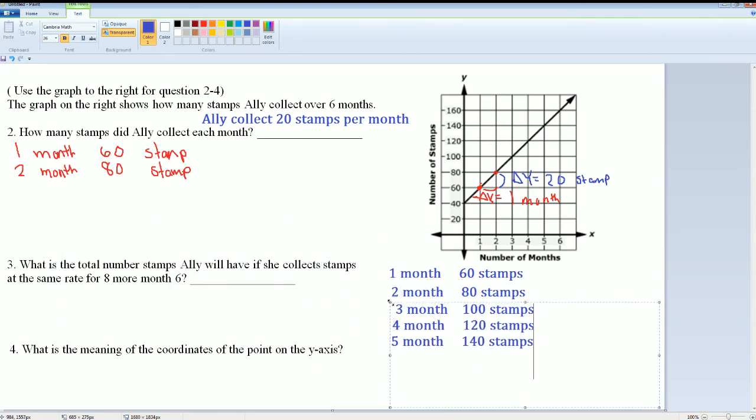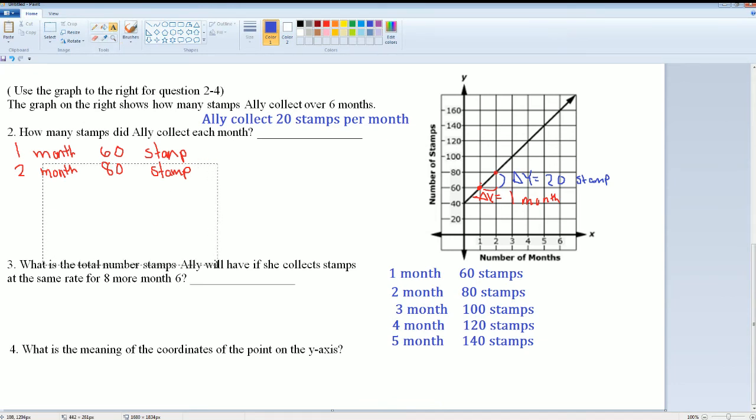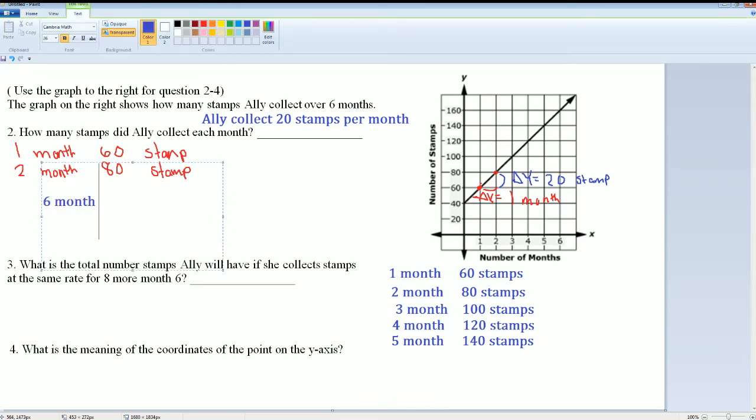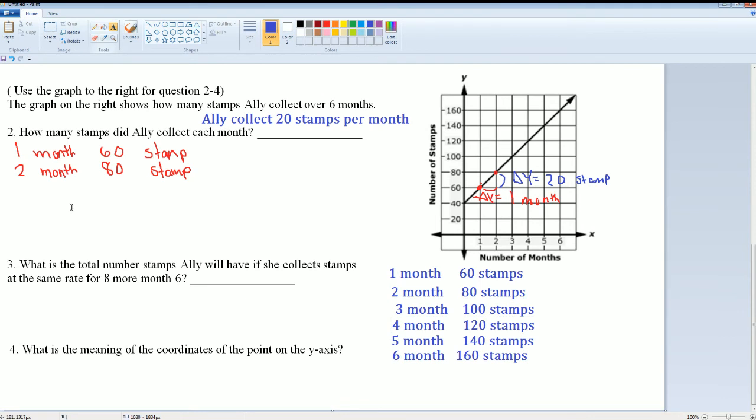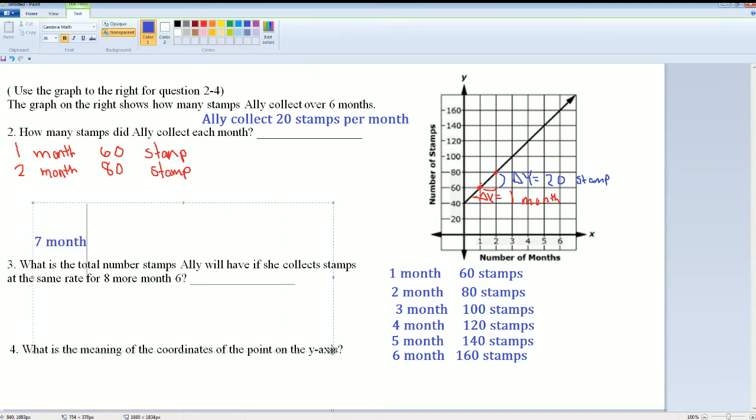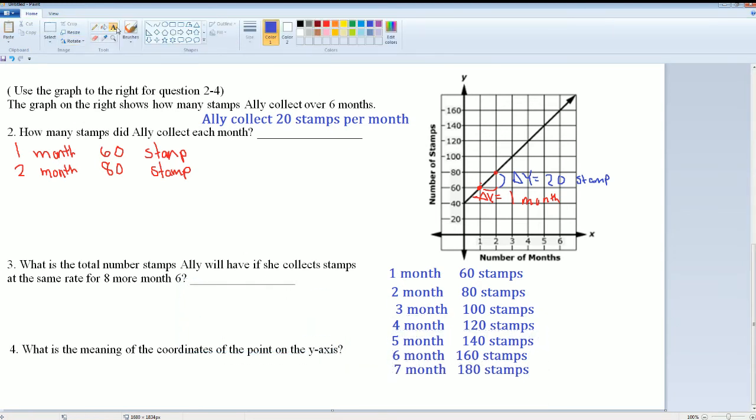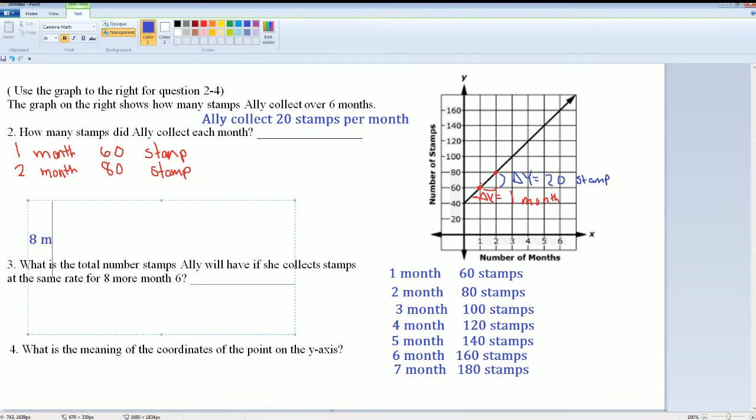Then 6 months, she went to 160 stamps. Seven months, she went to 180 stamps. And the last one, 8 months, she went to a total of 200 stamps. Notice I'm just following that pattern.